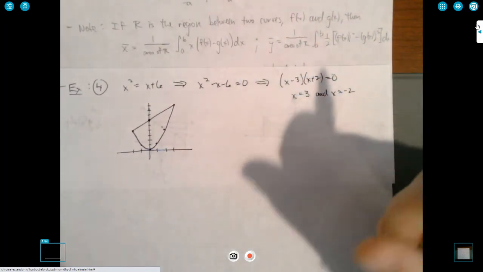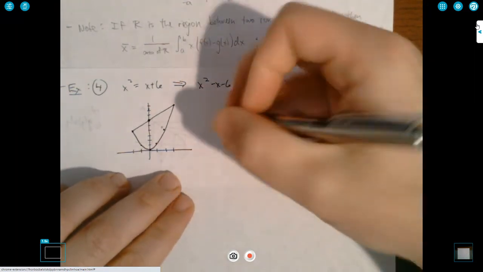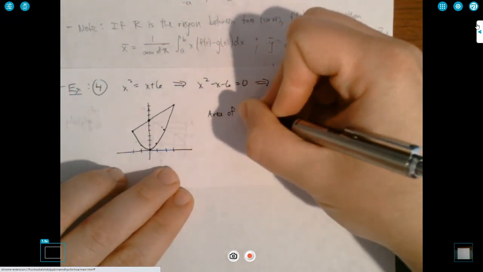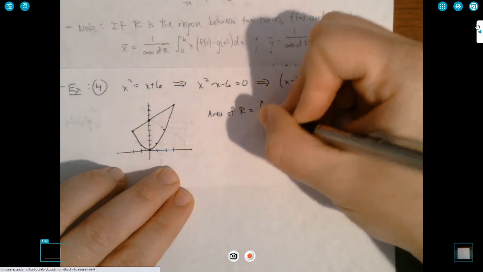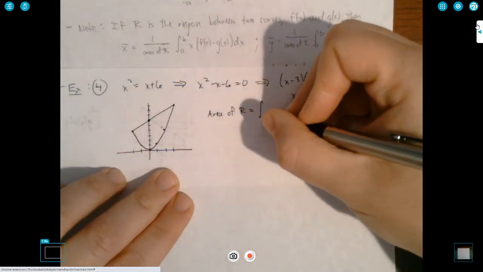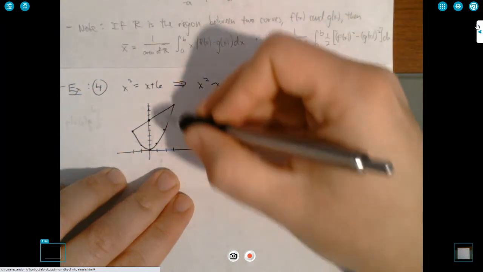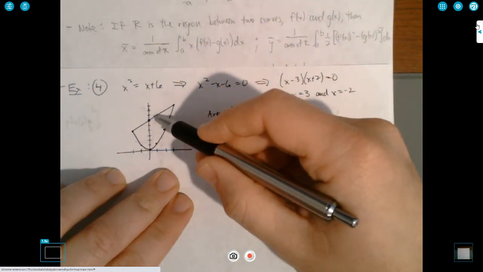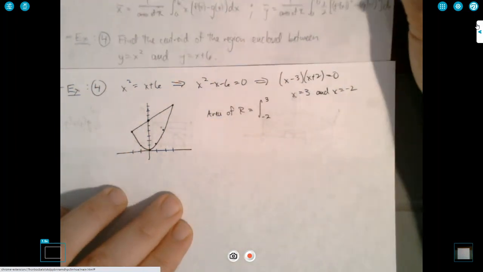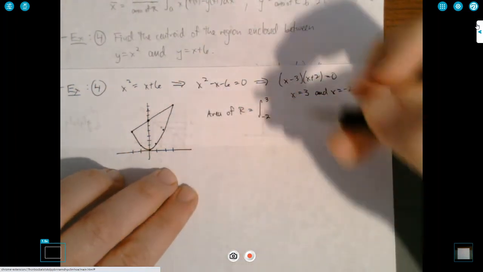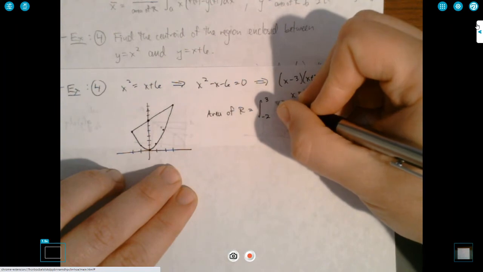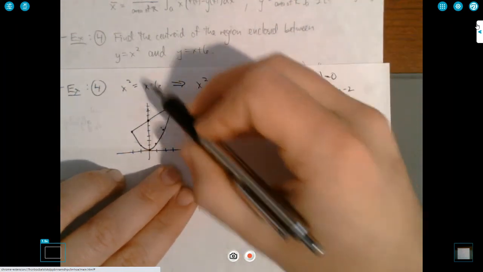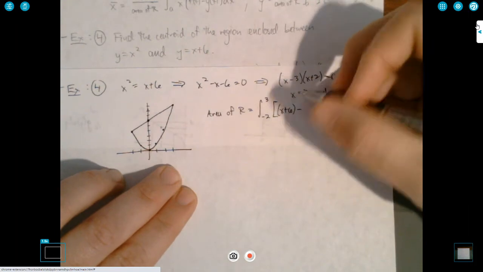So I guess the first thing we should do is find the area of the region. Area of R is going to be the integral from -2 to 3 of f of x minus g of x. That would be the straight line, which was x plus 6, minus the parabola, which is x squared.